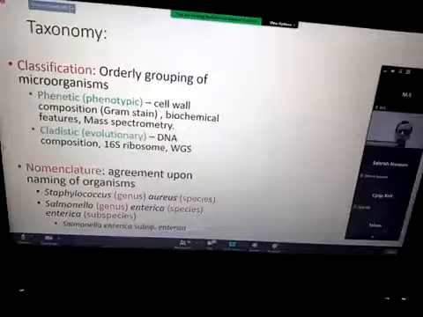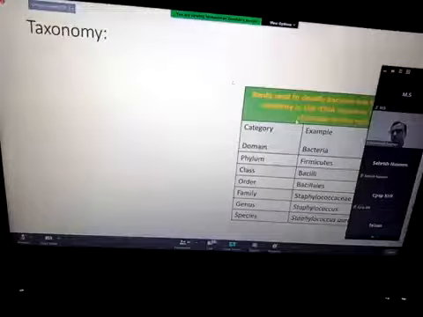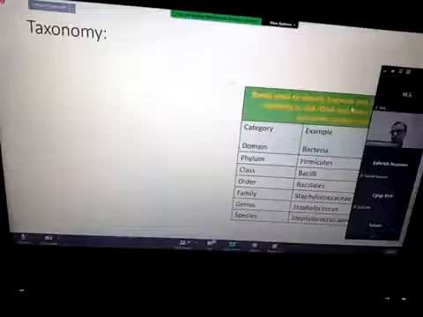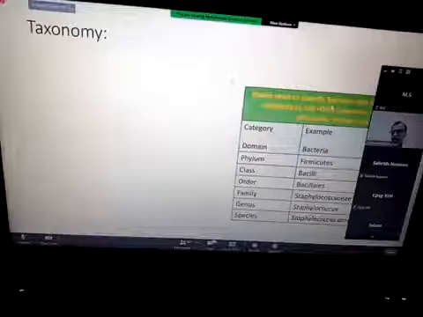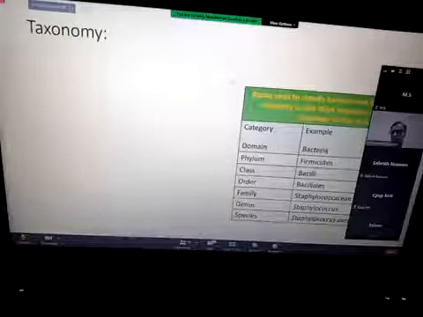So nomenclature is very important, not only to give a name, but it also has epidemiological implications. Clinically, we rank and classify different bacteria on the basis of their ribosomal DNA sequencing, and we divide them into domain, phylum, class, order, family.